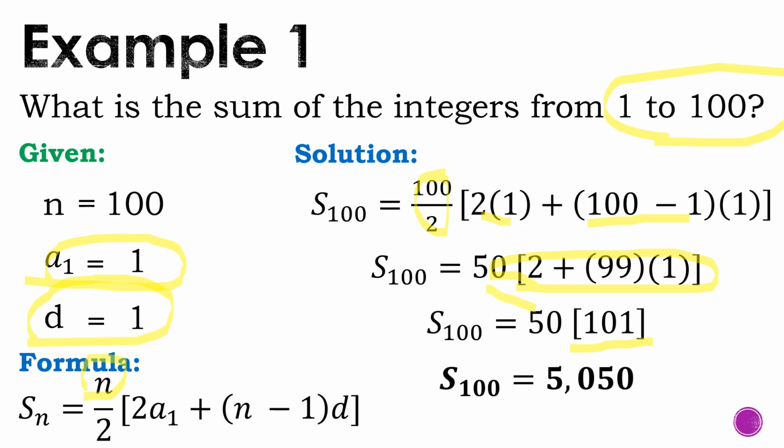So, 50 times 101 is equal to 5,050. Therefore, the sum of the integers from 1 to 100 is equal to 5,050. That's very easy, right?